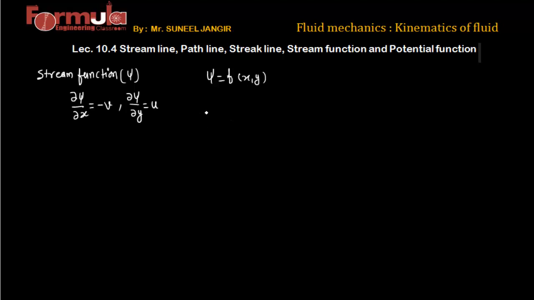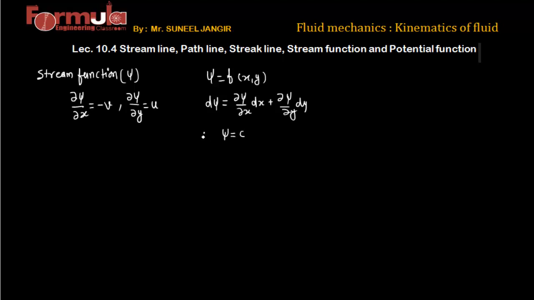So I think we can easily write the total derivative of this one. It will be del psi by del x dx plus del psi by del y dy. This is the total derivative in this case. Now let's suppose psi is constant.